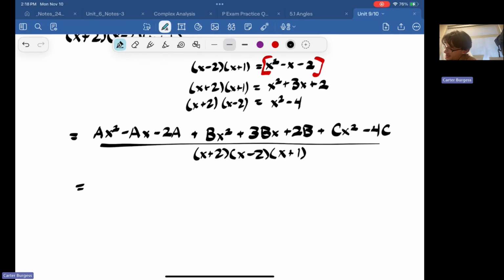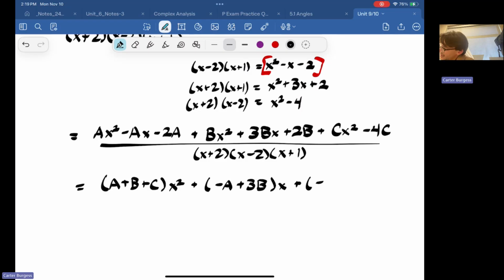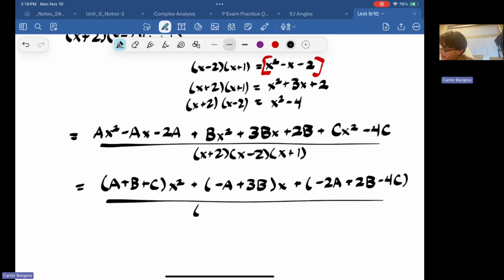This should be a plus b plus c times x squared, plus negative a plus 3b, no c term in this case, times x, plus negative 2a plus 2b minus 4c for our constant term, all divided by this x plus 2 times x minus 2 times x plus 1.